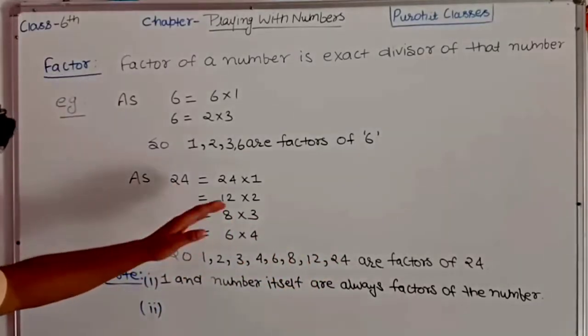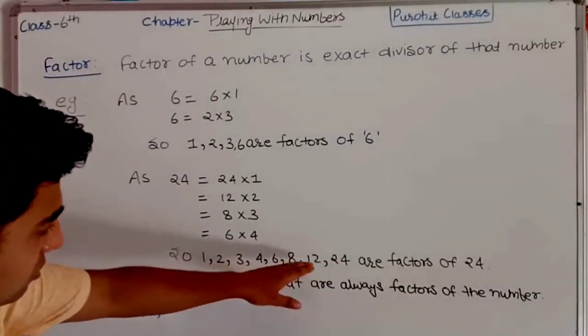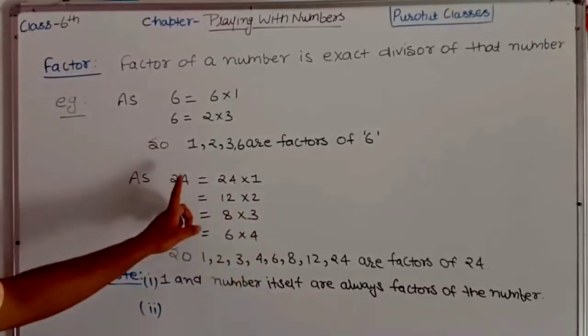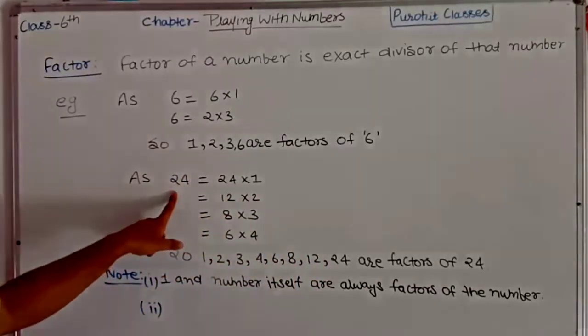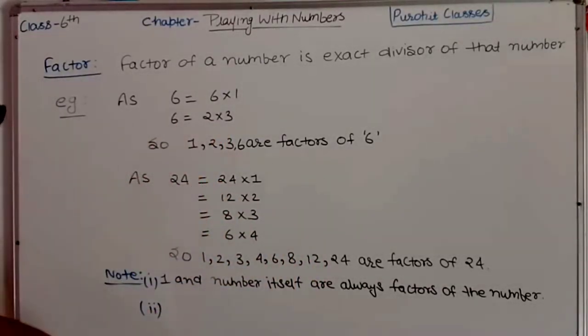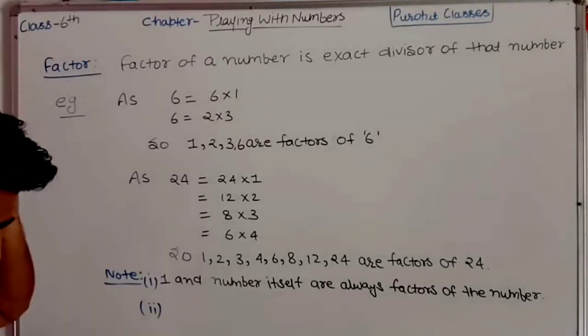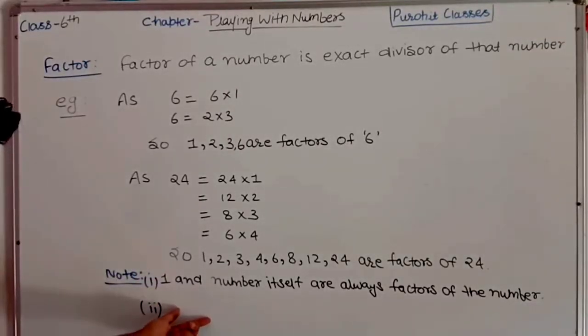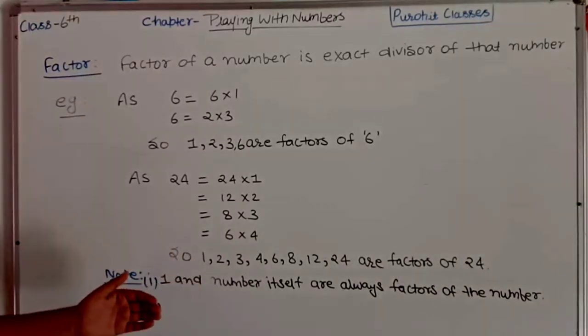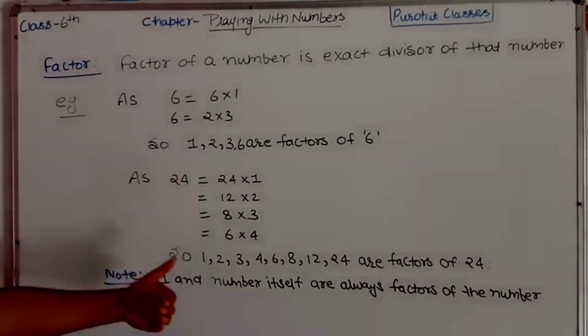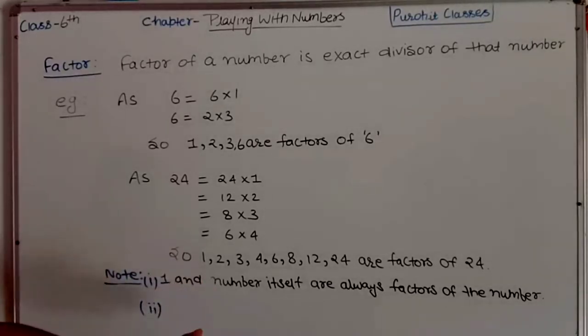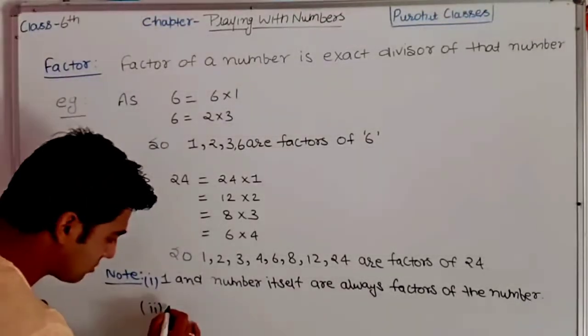Some factors are less than 24 and the greatest factor is equal to the number itself. Same cases here. So we can have a conclusion that the factors of a number are either less than or equal to the number. It cannot exceed the number. So simply we can write every factor is less than or equal to the given number.